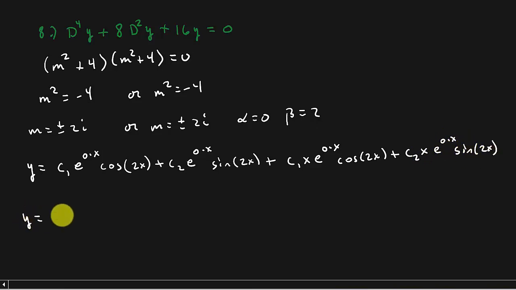And so, just cleaning it up, oh, I'm sorry, what am I doing? E to the 0, all these e to the 0s are 1. I don't know why I put e to the x. So that's going to be c1 cosine 2x plus c2 sine 2x.